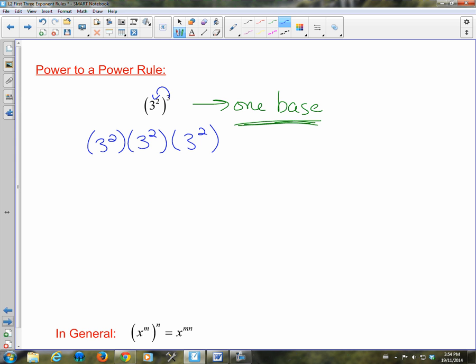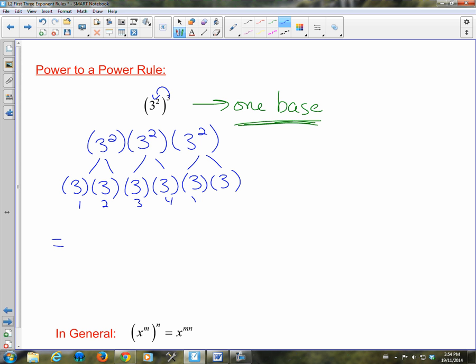And then you know that 3 squared would mean 3 times 3. So I have 3 times 3, and another 3 times 3, and another 3 times 3. So that all together I would have 1, 2, 3, 4, 5, 6 3's. That would be 3 to the exponent 6.